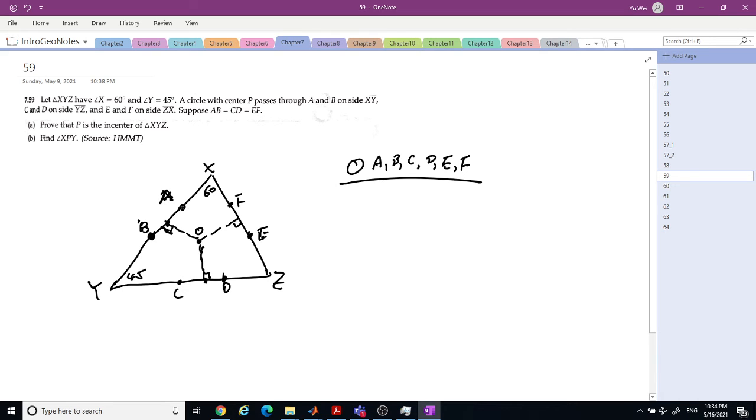The perpendicular bisectors of AB and CD and EF give the center. So prove the center P is the in-center of the XYZ.